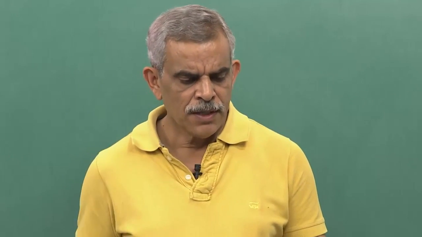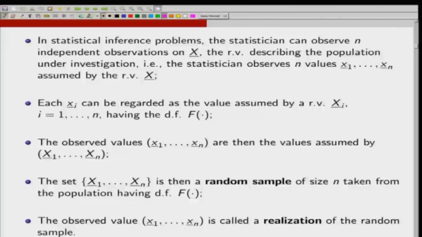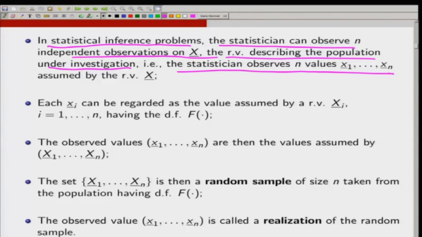So, I need certain information about the population. In statistical inference problems, the statistician can observe n independent observations on x. The random variable describes the population, so this gives us the information about the population. Or in other words, the statistician can observe n values x1, x2, ..., xn assumed by the random variable x.